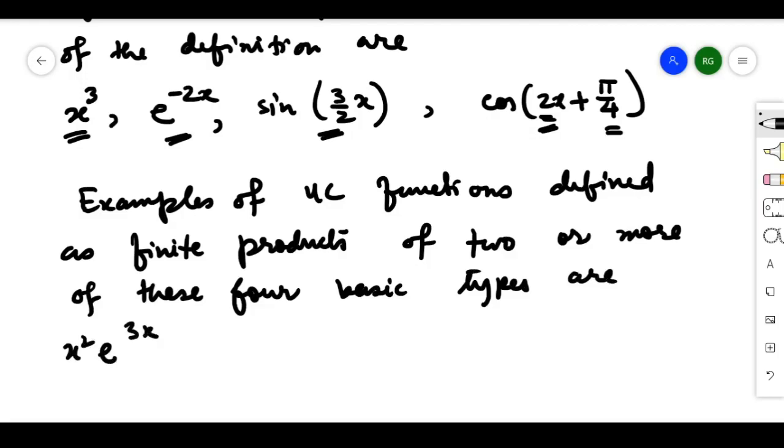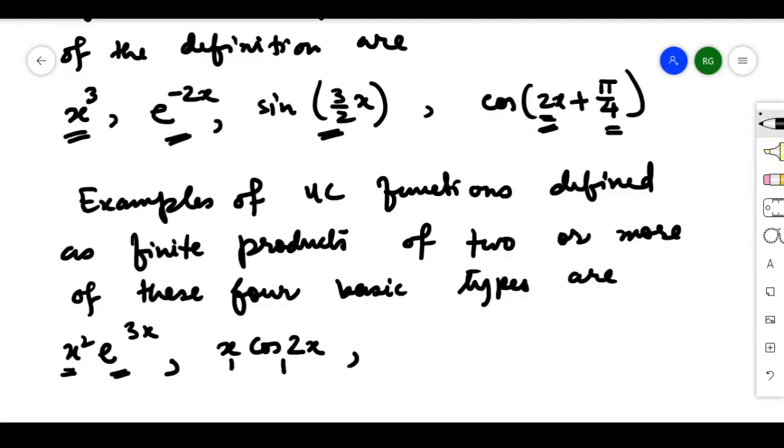X square is of type 1, e to the power 3x is of type 2, then multiply them, it is the finite product. So this is also a UC function. Then x cos 2x. It is the product of x and cos 2x. So x is of type 1 and cos 2x is of type 4.